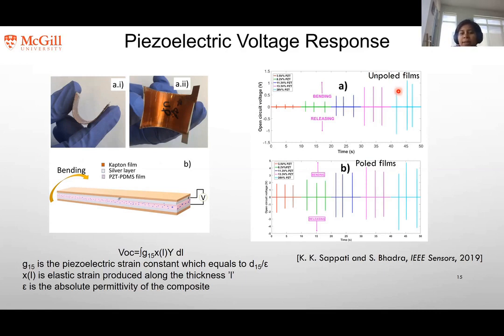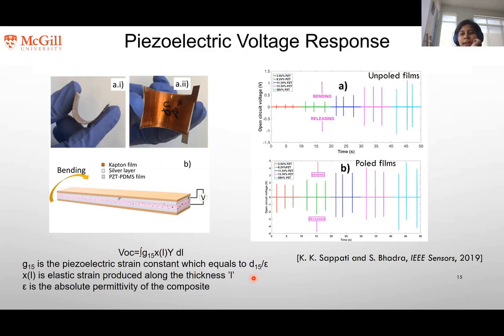So we basically did those bending tests for poled and unpoled film, and you can see that we do generate open circuit voltage, which follows this equation. And you can see that this G15 basically depends on the piezoelectric charge coefficient D15.